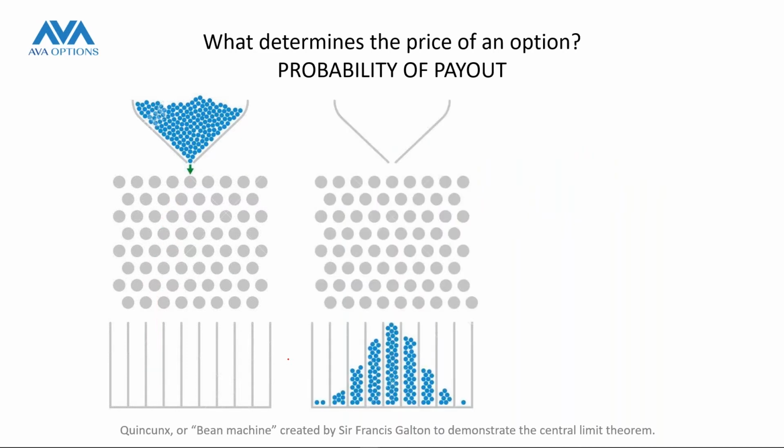Now let's imagine we drop these 1,000 beans down. No matter how many times we try this, we're always going to get this result. Most of the beans are going to drop into the center, and just a few are going to make it to the extremes, to the sides. Why is that? Because at every nail, at every moment, you have a 50% chance of going one way or the other. So the probability of going to the right on every single hit is extremely low.